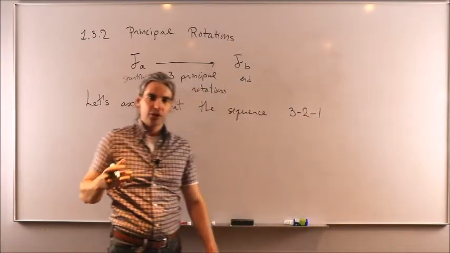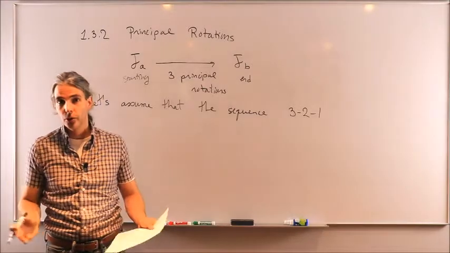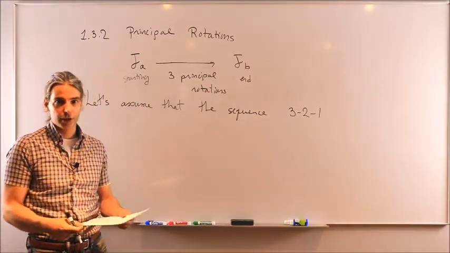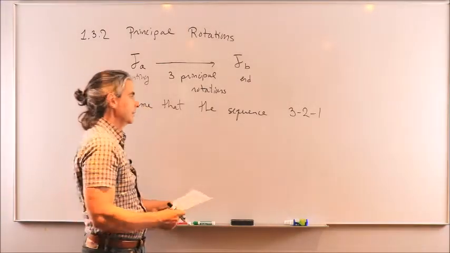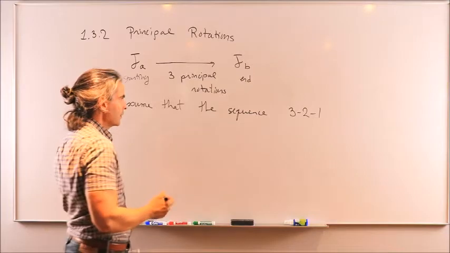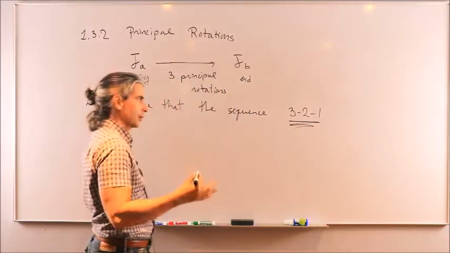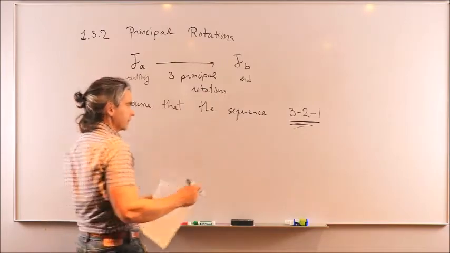So in aerospace engineering, the 3, 2, 1 rotation sequence is one of the most popular ones. It's kind of the standard or the norm whenever we talk about principal rotations, when you have one stack after another one, up to 3 consecutive rotations. So this is a very popular rotation to relate one reference frame to another. So 3, 2, 1, first you need to understand what it means.